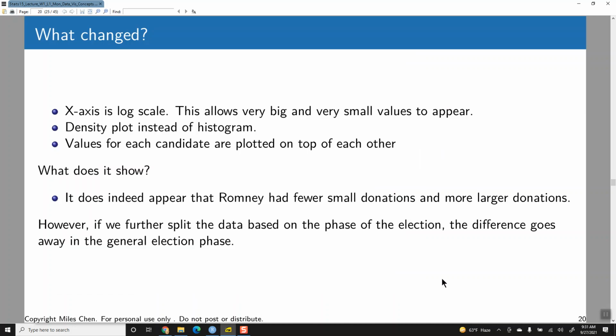Again, an expert in election cycle stuff would say it's actually important to note whether it happened during the primary phase or during the general election phase.